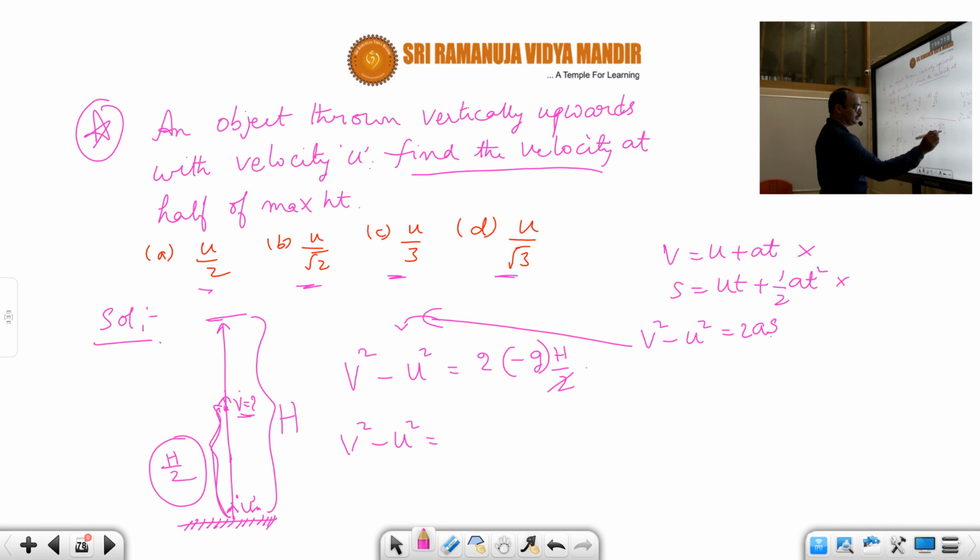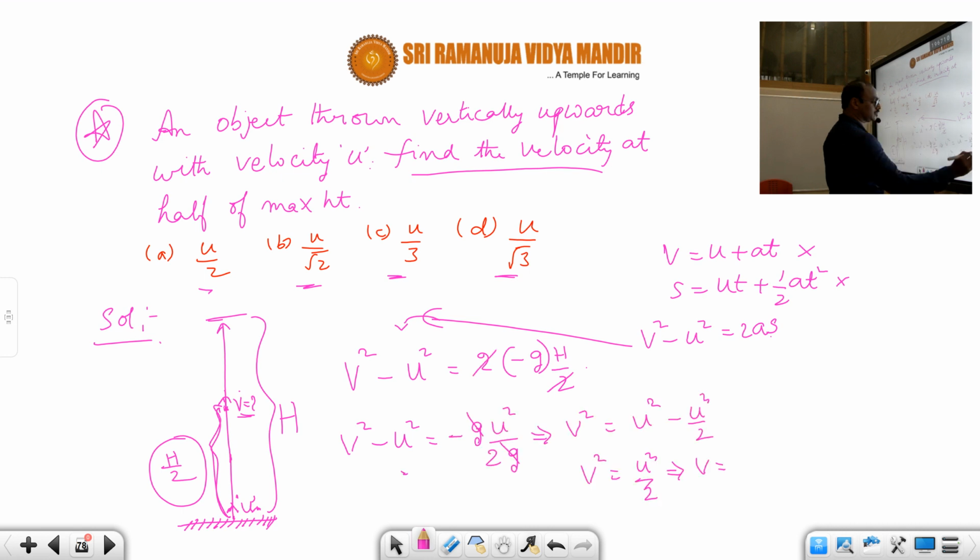Then v square, bringing minus u square to the right hand side, equals u square minus u square divided by 2. Then v square equals, taking LCM, 2u square minus u square divided by 2, so v equals u divided by root 2. Then plus or minus both will come.